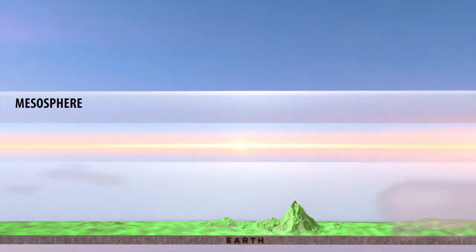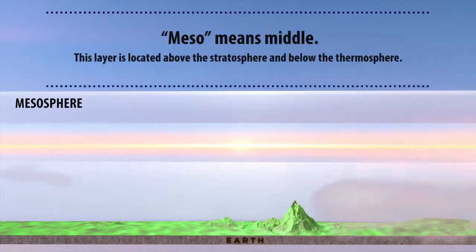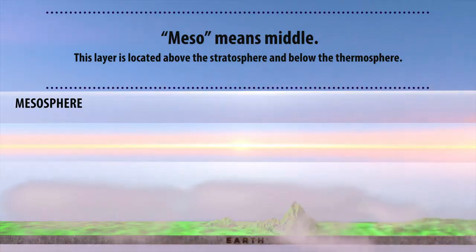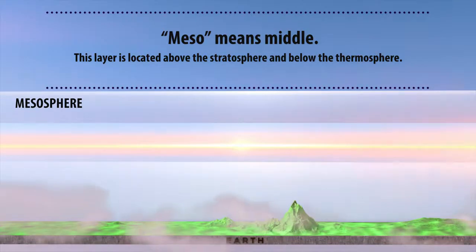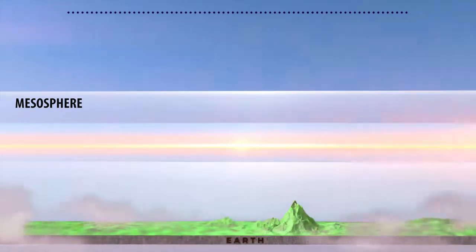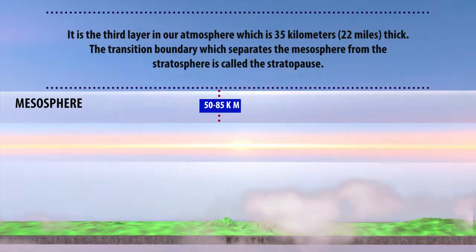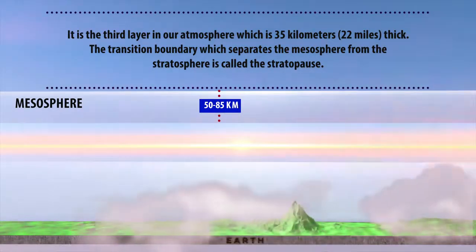The mesosphere. Meso means middle. This layer is located above the stratosphere and below the thermosphere. It is the third layer in our atmosphere, which is 35 kilometers or 22 miles thick.